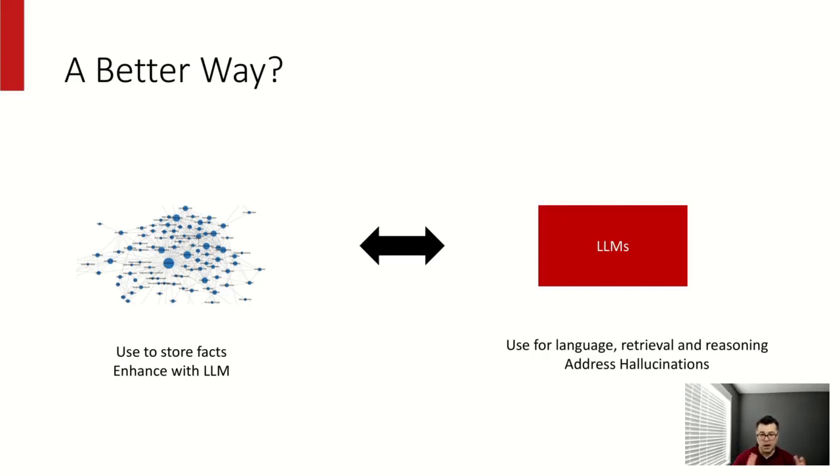How about if we utilize knowledge graphs to store facts about our business, the things that we know, and we use the large language model for what it's great at, which is the ability to talk fluently and to use natural language for reasoning?